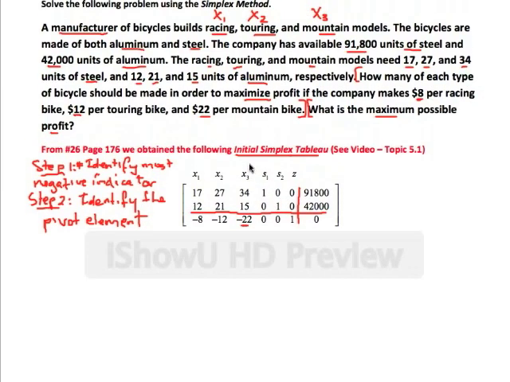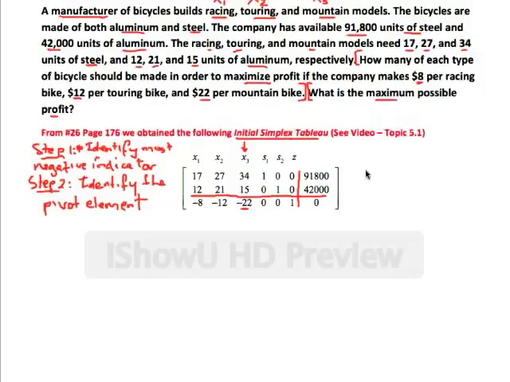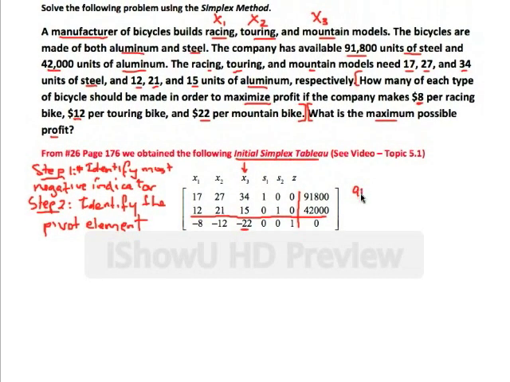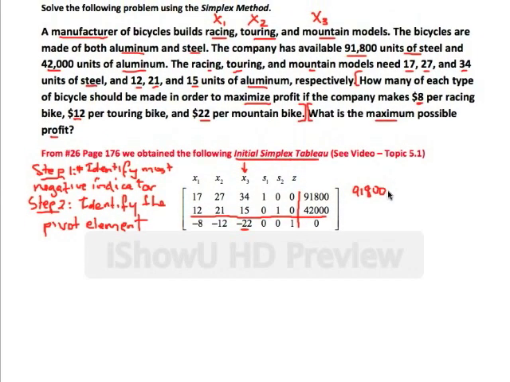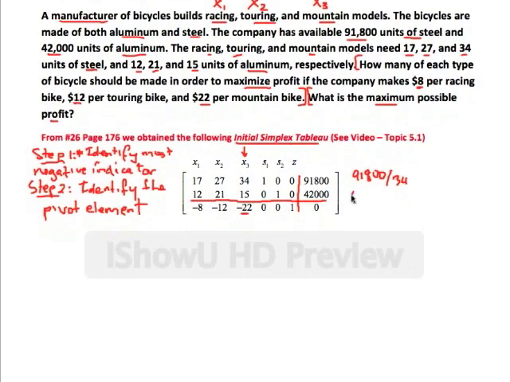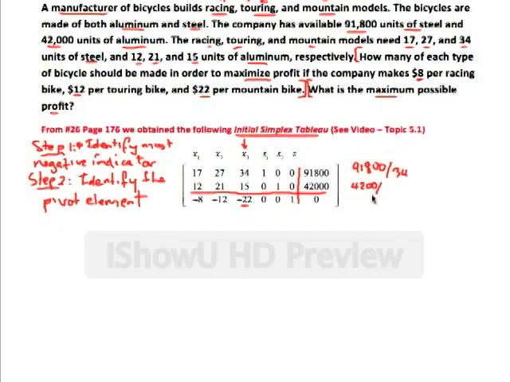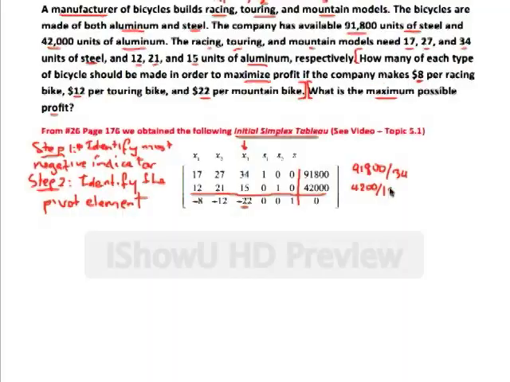This is the column I'm looking at, and what we have to do is look at the ratio of 91,800 divided by 34, and we've got to look at 4,200 divided by 15.